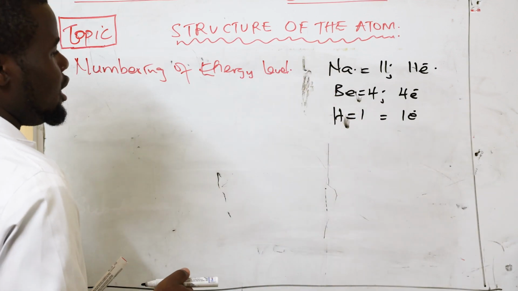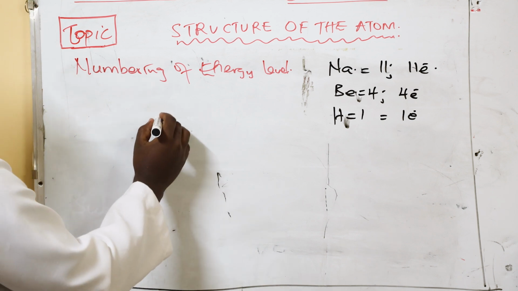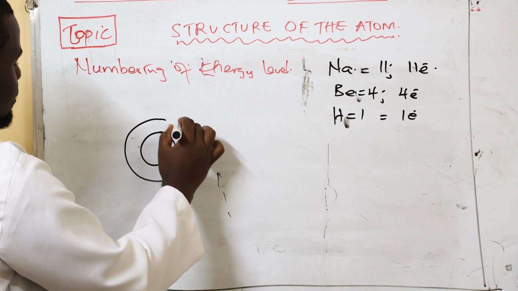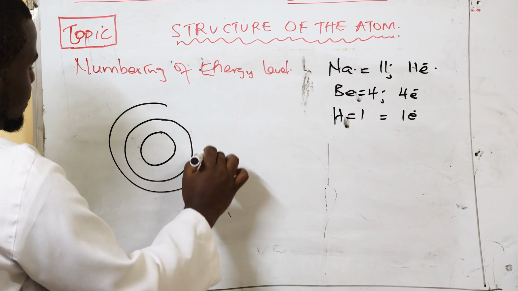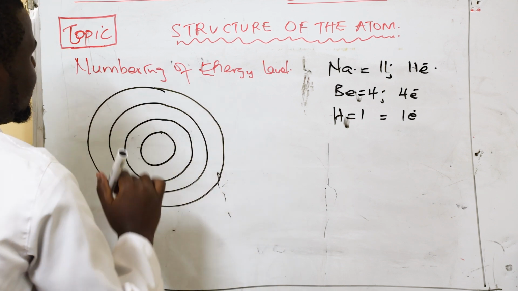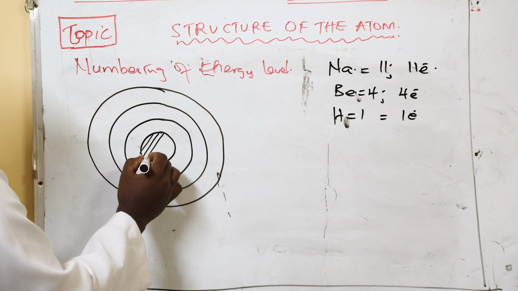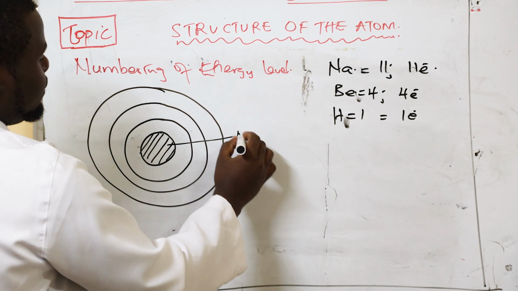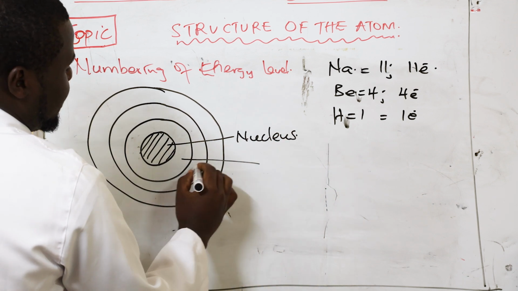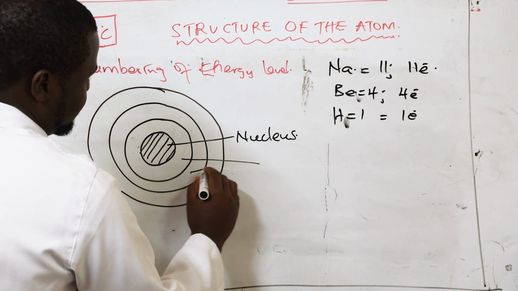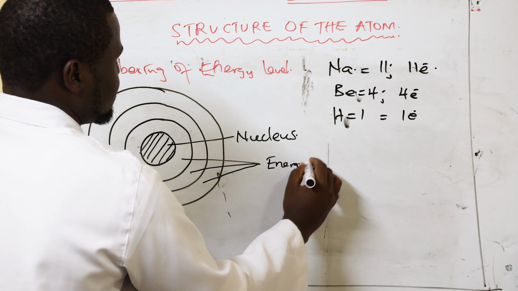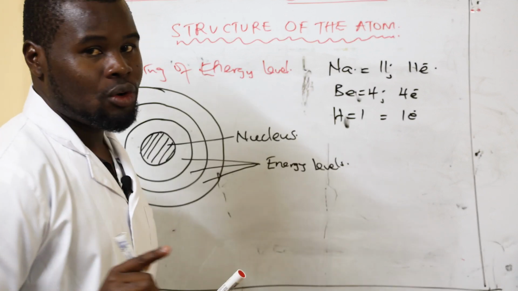How can we distribute them? How can we number these energy levels? I will draw it. Now, this one here, the one that is shaded, is the nucleus. Whereas the unshaded parts, these are the energy levels. How do we number them?